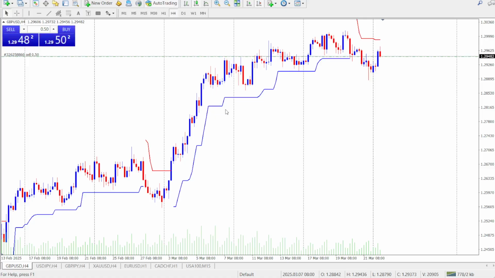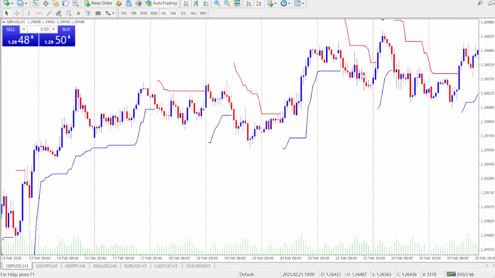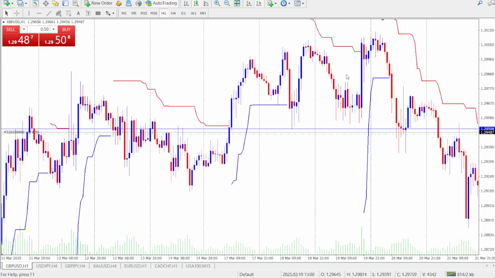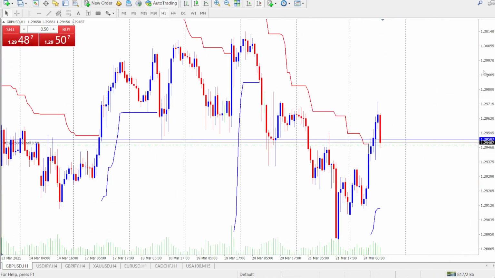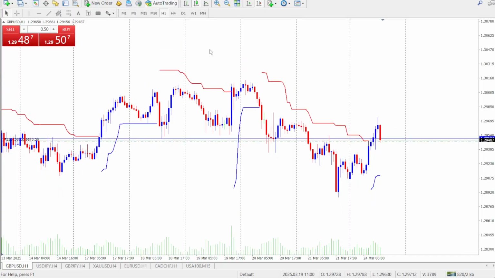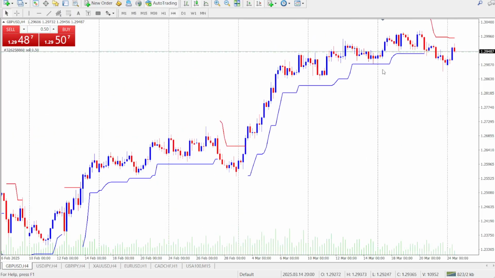The ATR trailing stop indicator provides good levels for adjusting your stop losses. And it is compatible with EAs, expert advisors, which is the long form of EA, right?